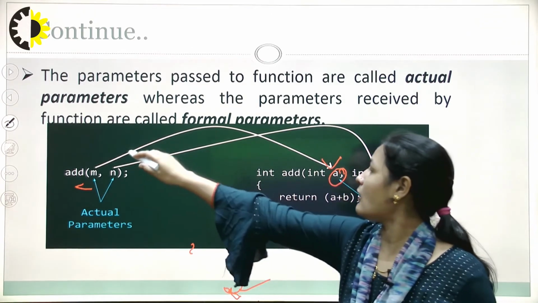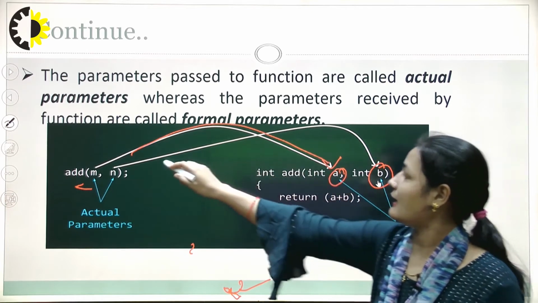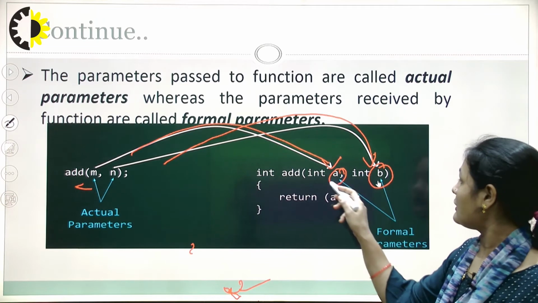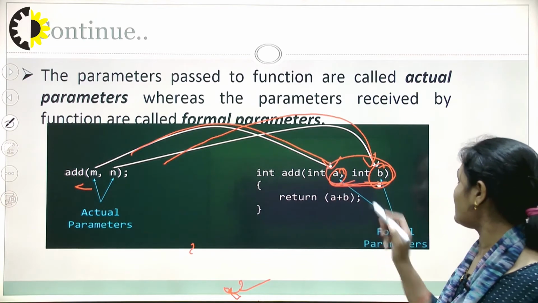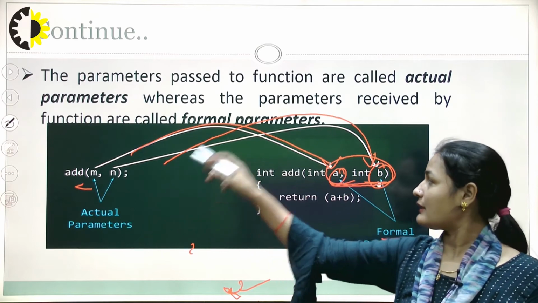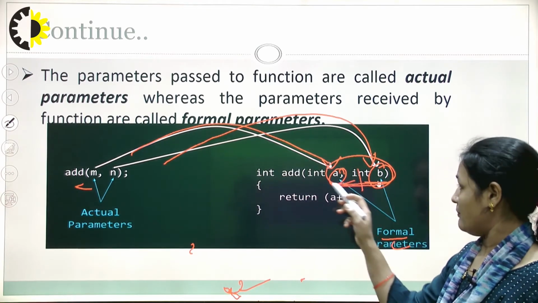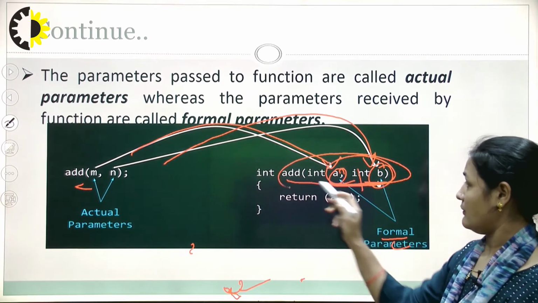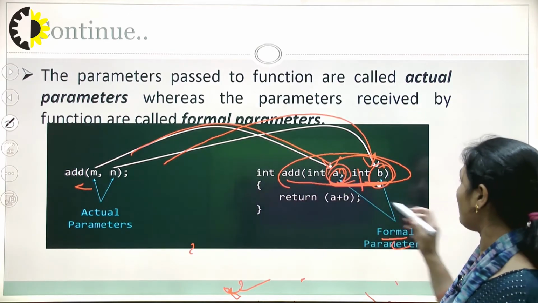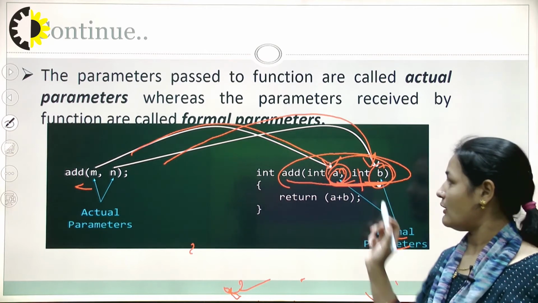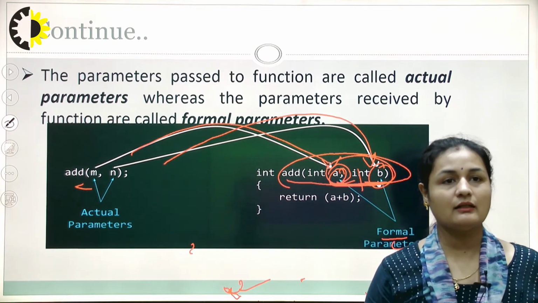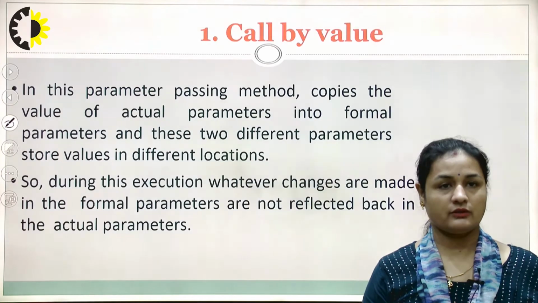M value is copied to parameter a and n value is copied to parameter b. So these parameters are known as formal parameters. So a and b are formal parameters and m and n are actual parameters that are used in the function.